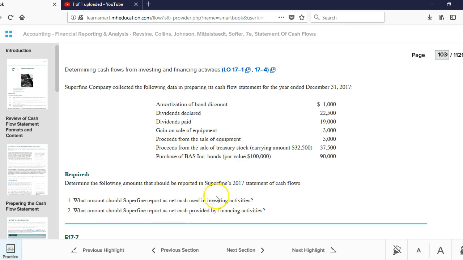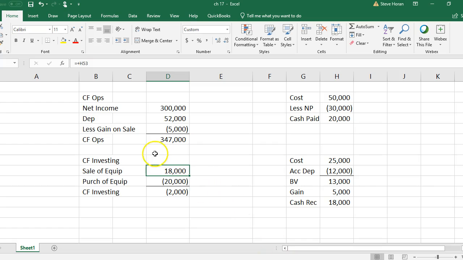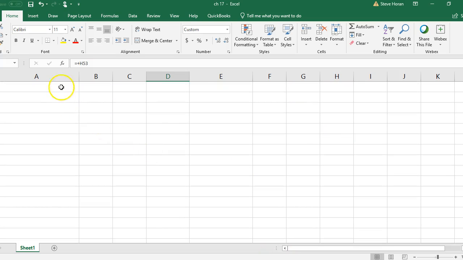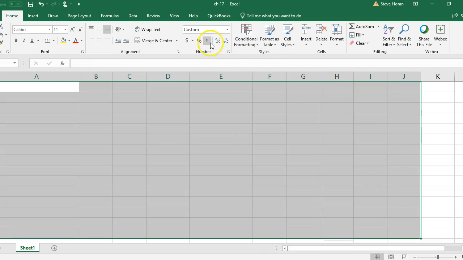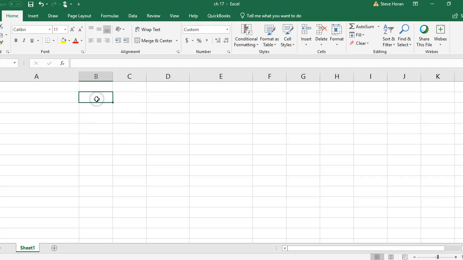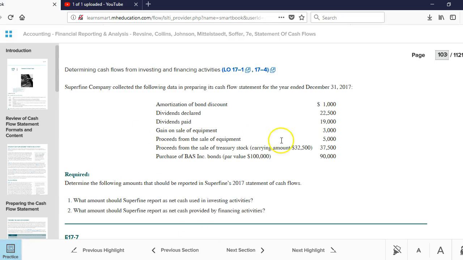Requirement 1 is investing. Requirement 2 is financing. And we'll go ahead and get a new blank area down here. So let's do our cash flow from financing. And let's go back, take a look at what happened here, and figure out what belongs where.